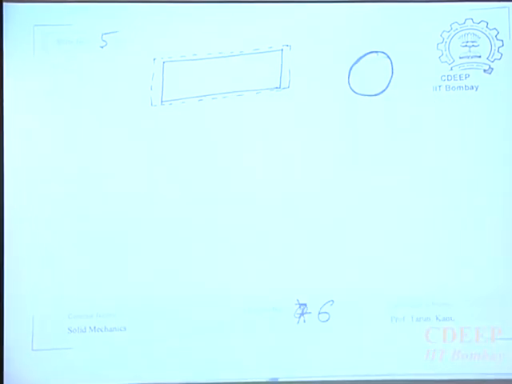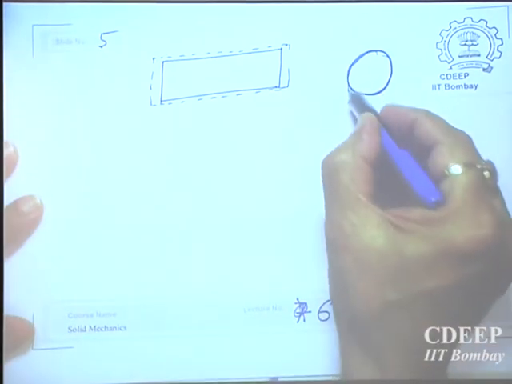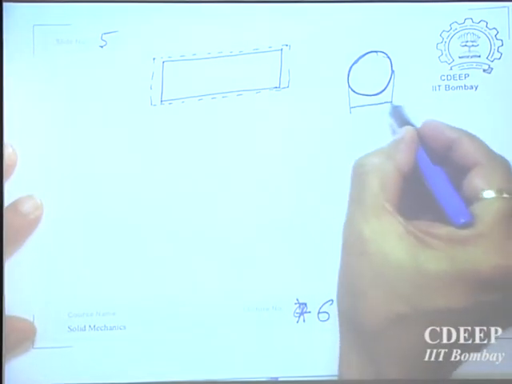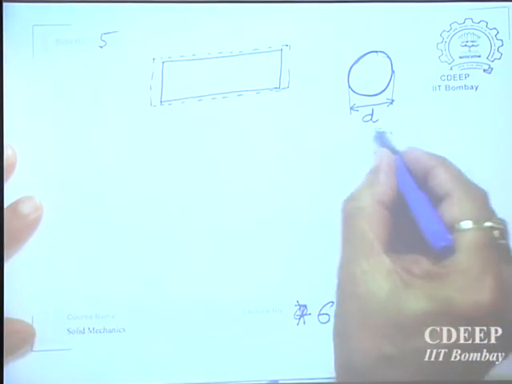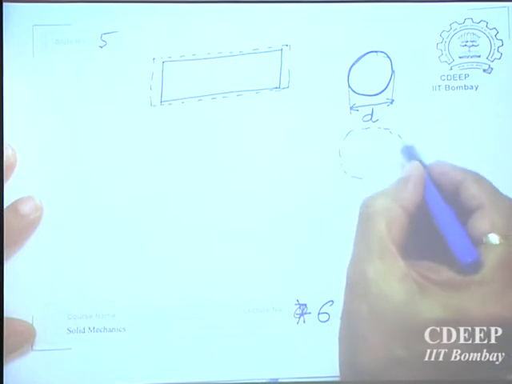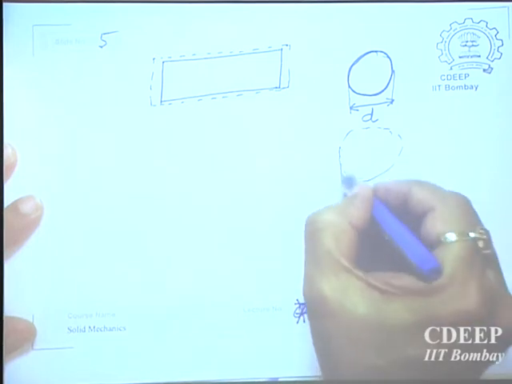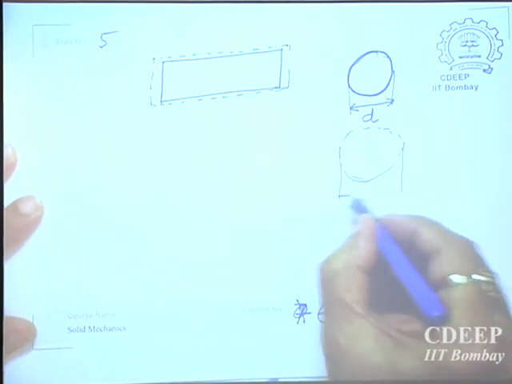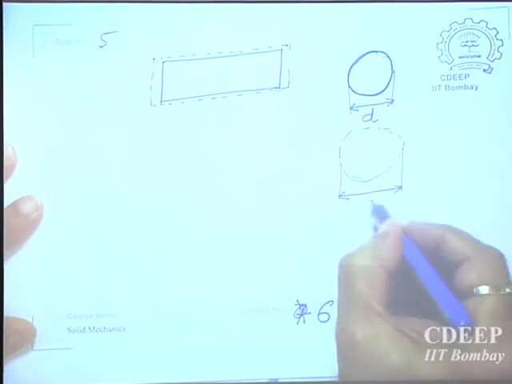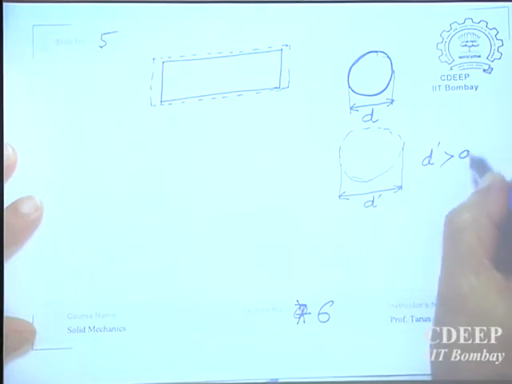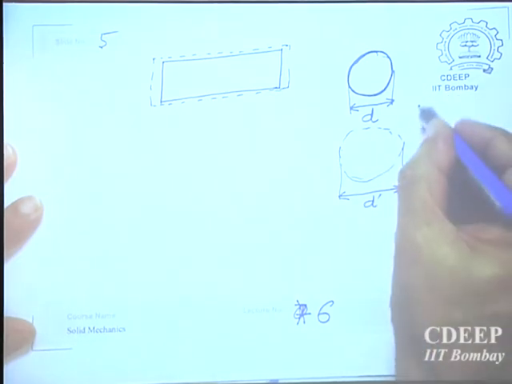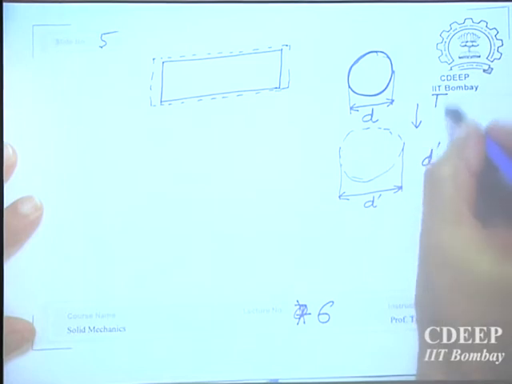Put it in hot water. Originally, you take the diameter before putting in hot water, this diameter d, and you will find after putting in hot water its diameter has increased. So this becomes d dash, and d dash will be more than d. Of course, the temperature is here T, and here T plus delta T.